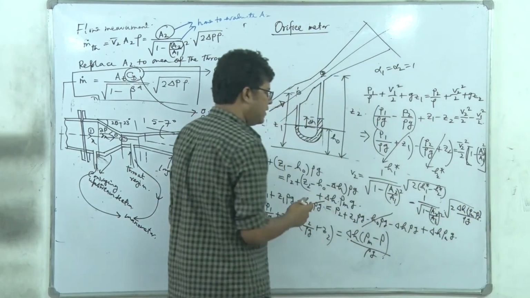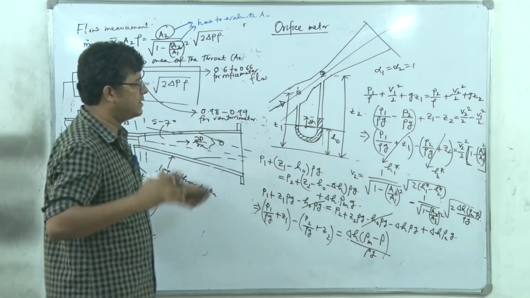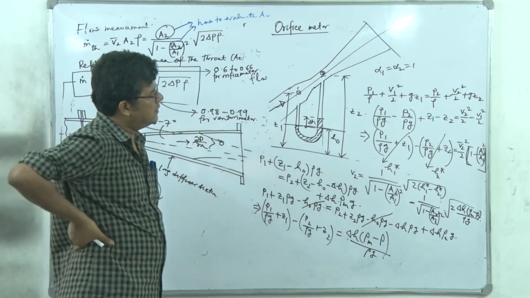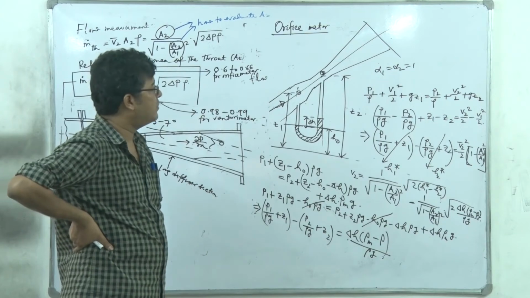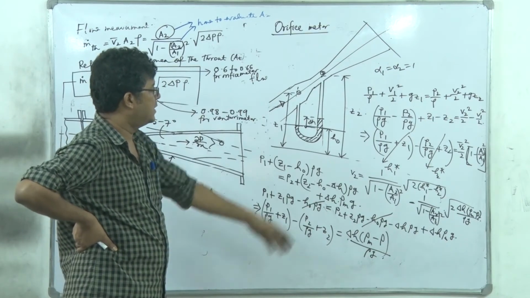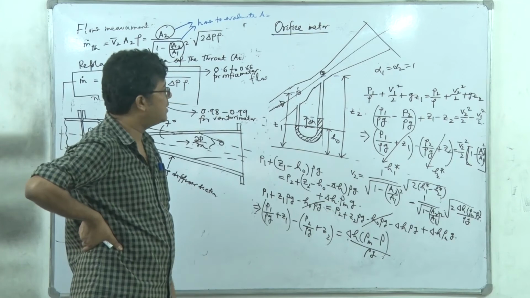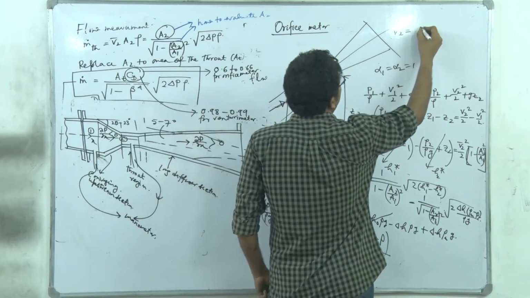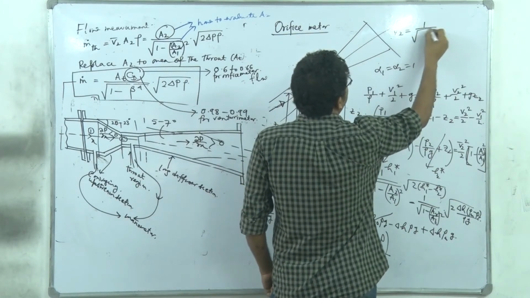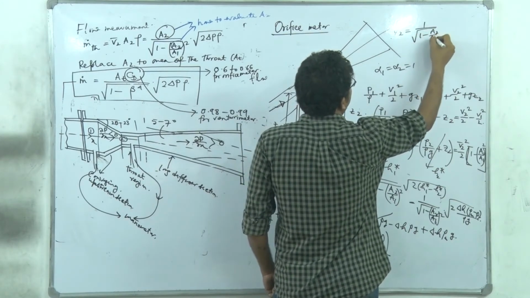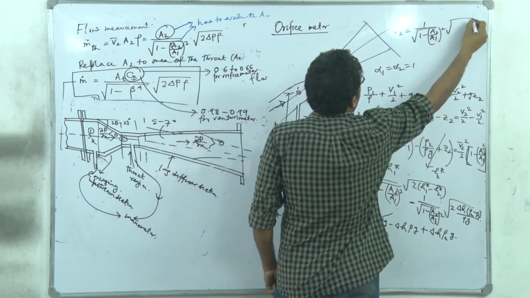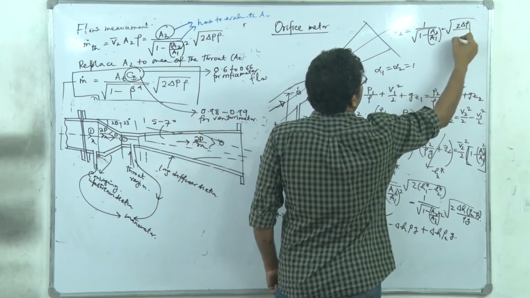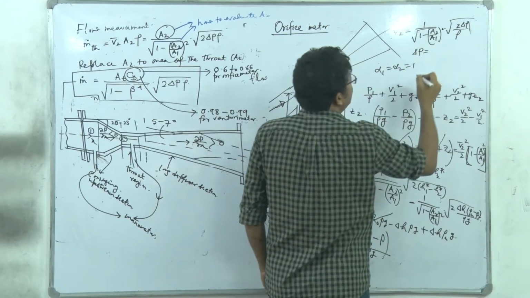So if we replace, in a normal horizontal Venturi meter or Orifice meter, this delta P in terms of manometer reading, I will get the same equation. Because the equation was V2 is equal to 1 divided by 1 minus A2 by A1 whole square into 2 delta P divided by rho. And now delta P is equal to what?